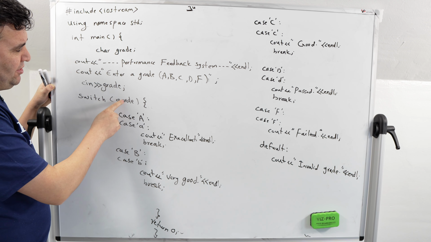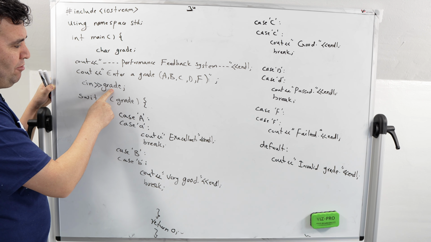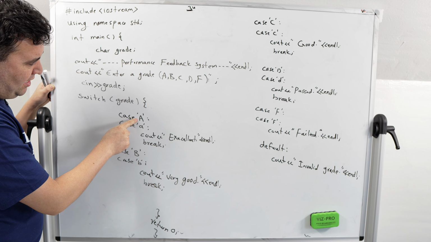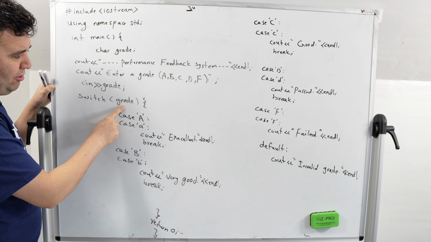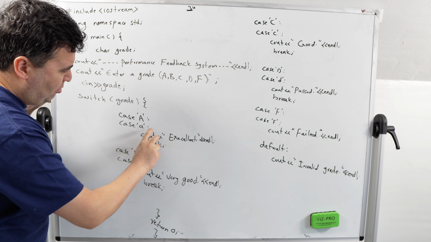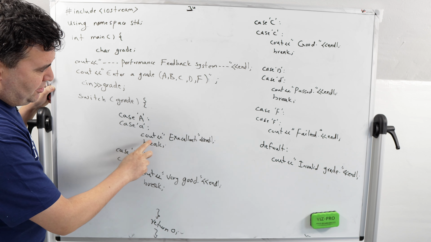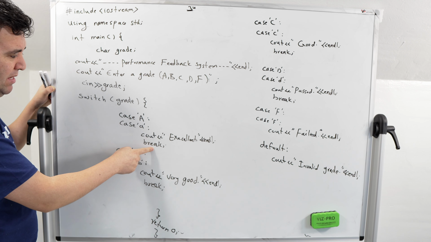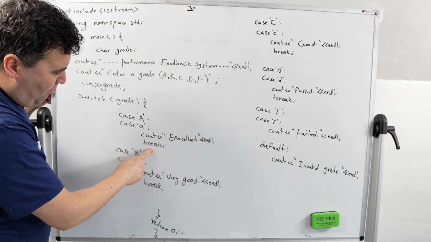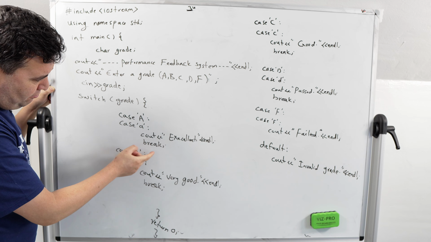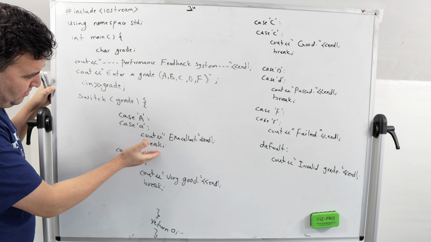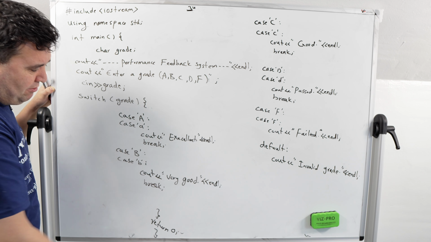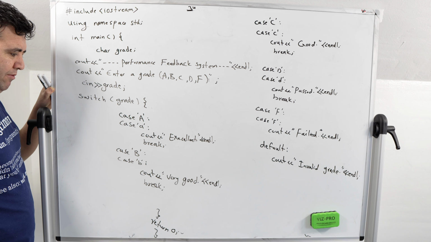If the user enters capital A or small a, we compare the value of the case with the grade. If they are equal, this part of the program will be executed, which says excellent and then break. Whenever it says break, it means the program stops the execution of the switch part, and goes back to the main function, to anything after the switch statement.